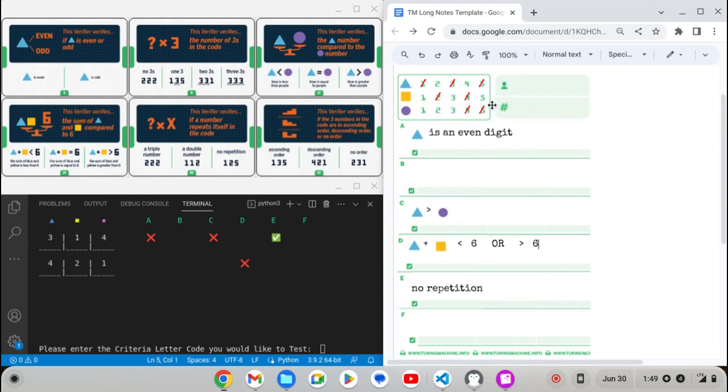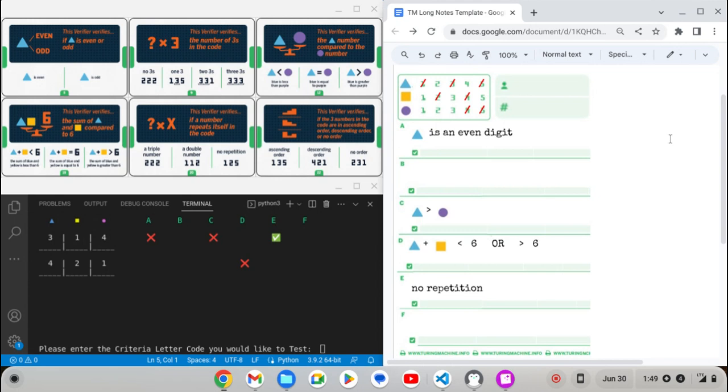So let's see. So if it's a 2, well, I think it's still wide open. There's nothing really to tell us anything about that. Interesting. So if we do have an odd for square, is there anything we can deduce about circle?